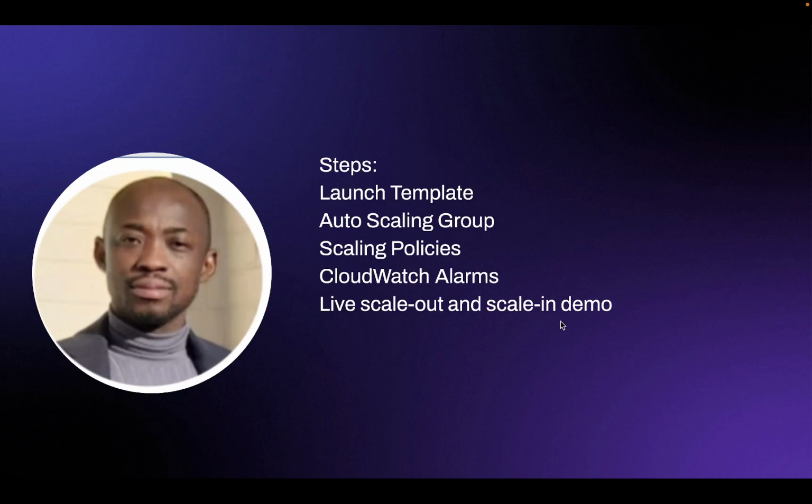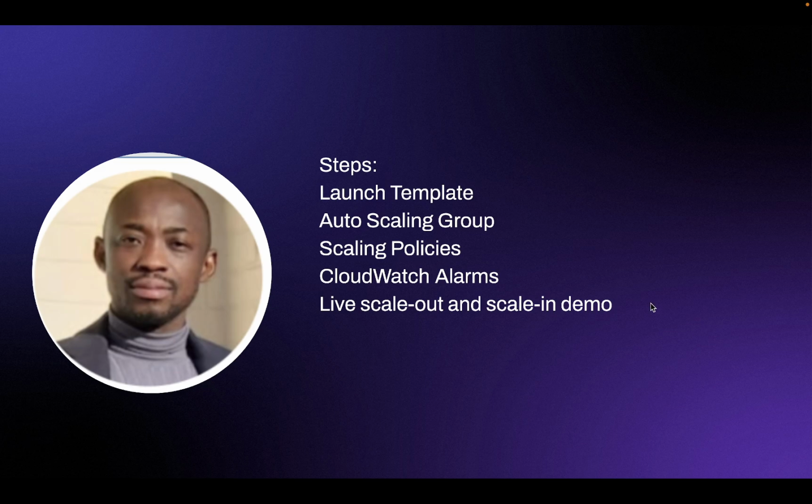So the steps are, first of all, we will launch what we call a launch template. This is just a configuration, a blueprint for creating multiple EC2 instances. We are going to leverage that and create auto scaling. Remember, auto scaling is just a collection of instances that we can add or remove at any point in time, so we can scale or shrink at any point in time.